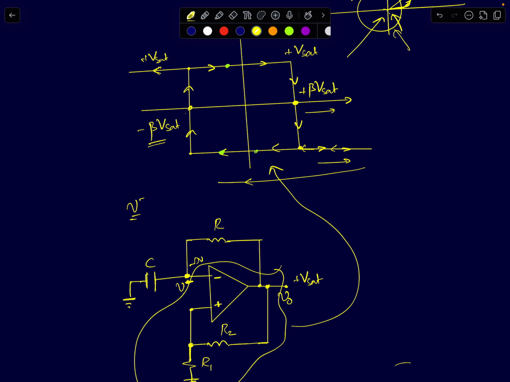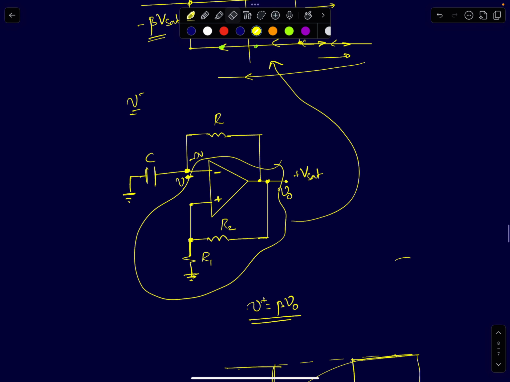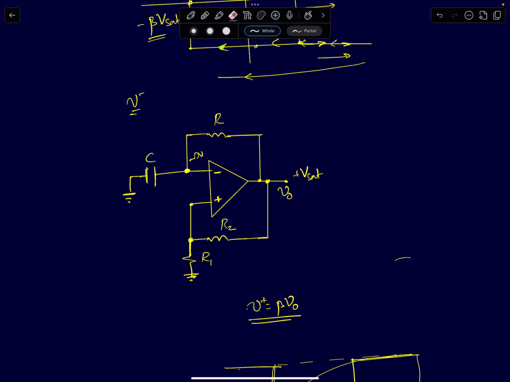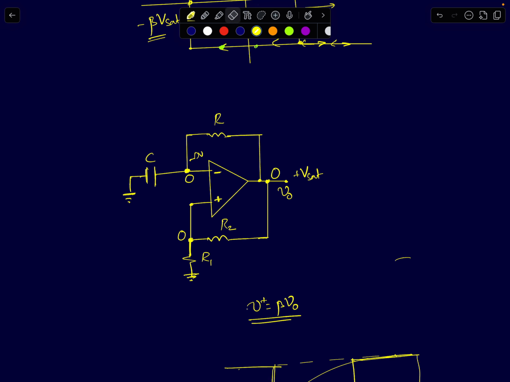So keeping this transfer characteristics in mind, we'll do a quick analysis of the circuit. I'll assume for the time being that we are at a steady state, meaning this node voltage is at 0, this node voltage is also at 0. All the node voltages are at 0.